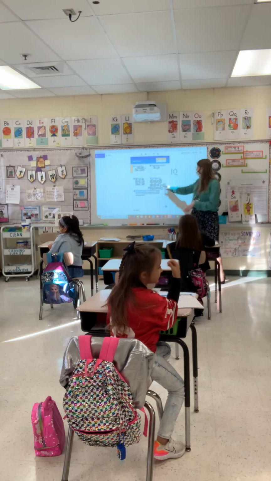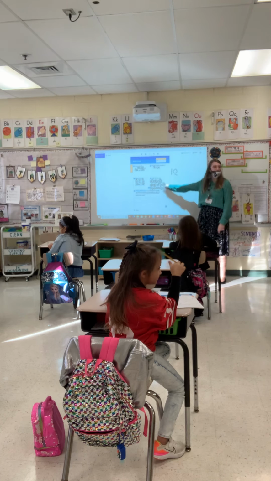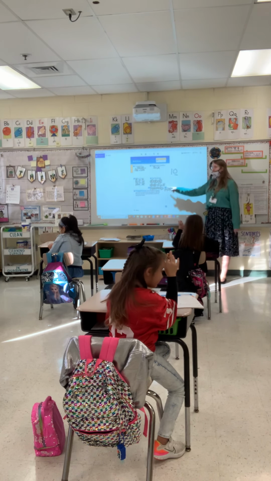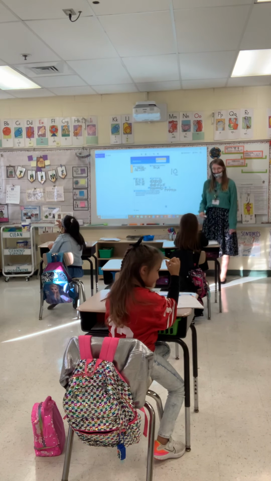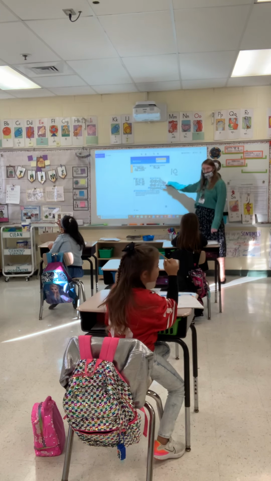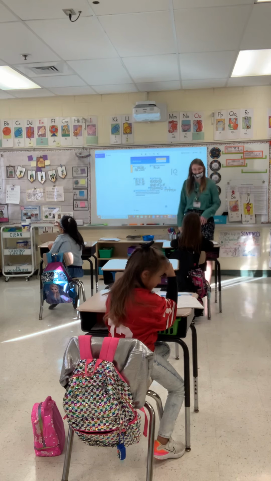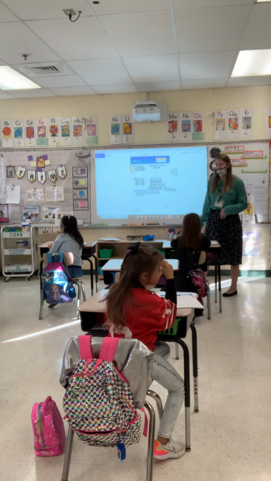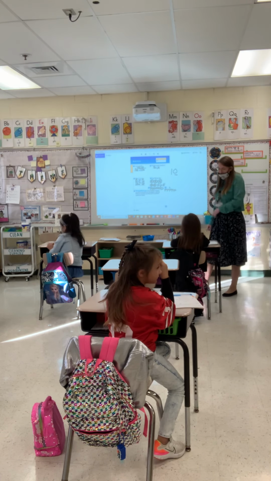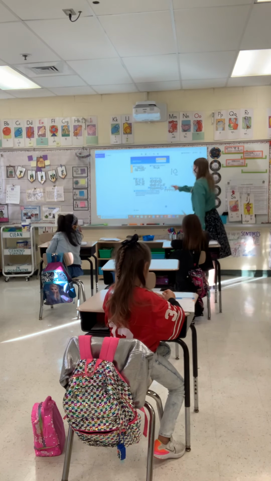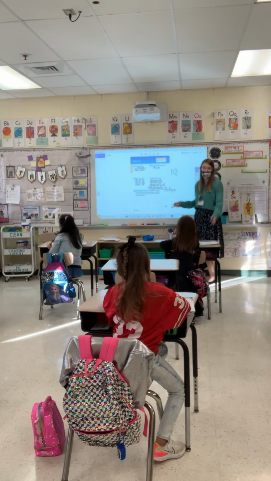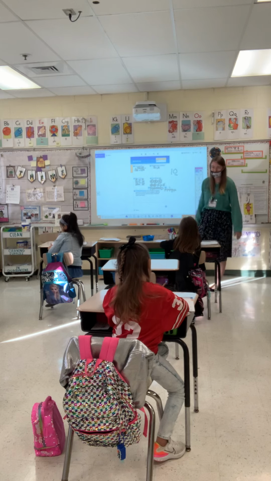So we just made 75 up here. Looking at it, which one used the least amount of coins? Here's an idea. If I use quarters, they only use 3 coins, right? So maybe that's it. Is there any other way we could use a smaller amount? Is there any other way where we could use 3 of any other coin? Nickel. Only 3?